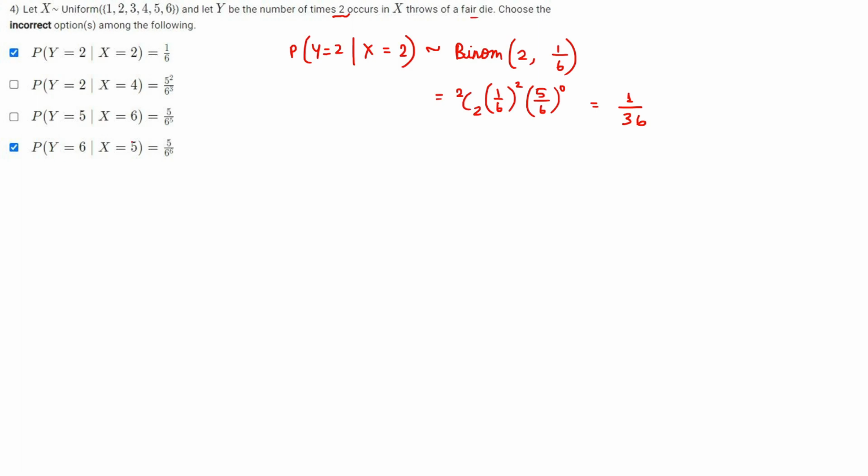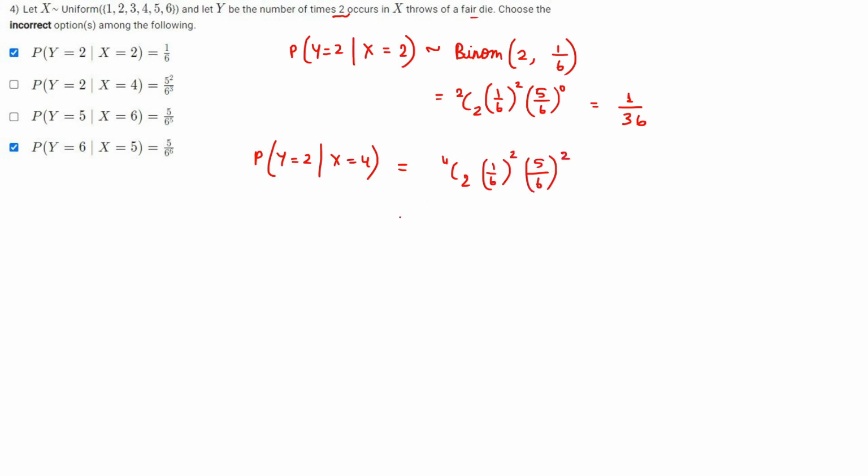Now going with the second option, that is P of y is equal to 2 given x equal to 4 is nothing but, again, so we have x equal to 4, it means that we are throwing the die 4 times. So it means that we'll have 4c2 and 1 by 6 to the power of 2 and 5 by 6 to the power 2.